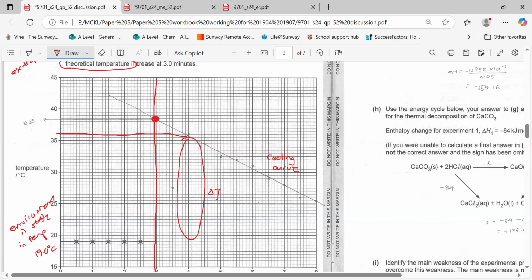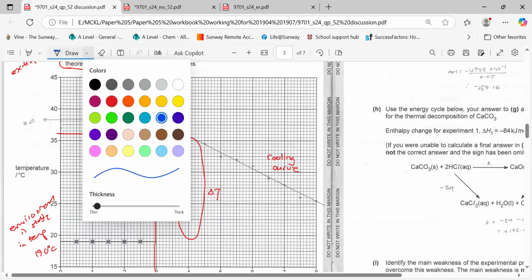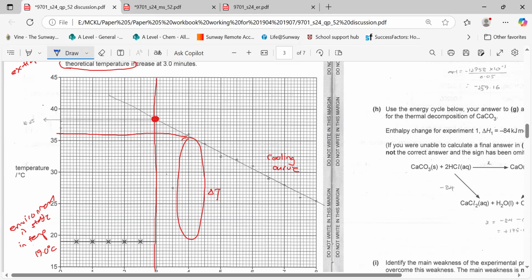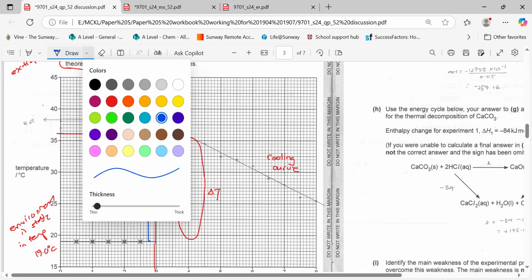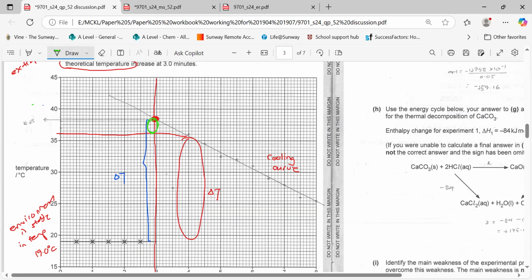So the difference over here, if you do theoretical, this is your temperature change, which is delta T. The difference between doing a graph and not doing a graph is this particular section here in green. It's from this line to this line. This section accounts for heat loss to the surroundings.